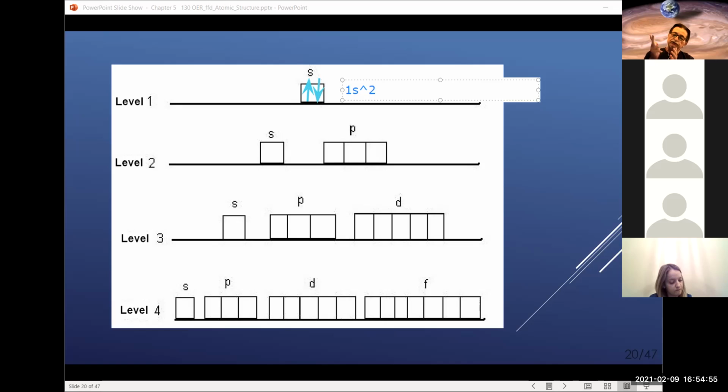So helium has 2 electrons, and those 2 electrons are in the first energy level, and they are in the S orbit.